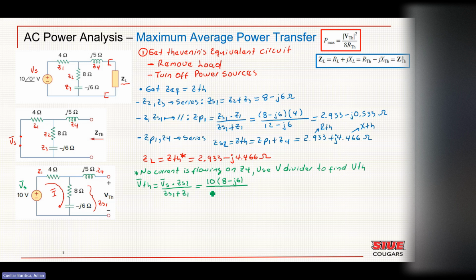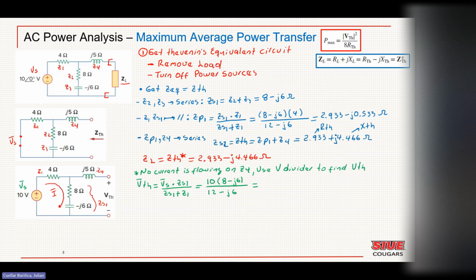4 plus 8, that will be 12 minus J6. And as a result of this operation, let's try to do that here quickly. Then V Thevenin is going to be equal to 10 times ZS1 over ZS1 plus Z1.